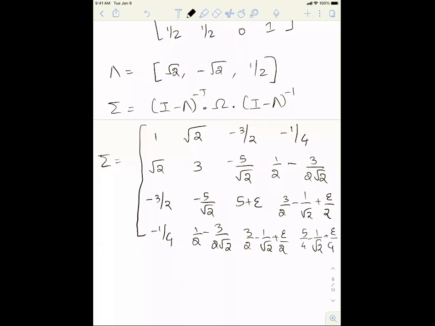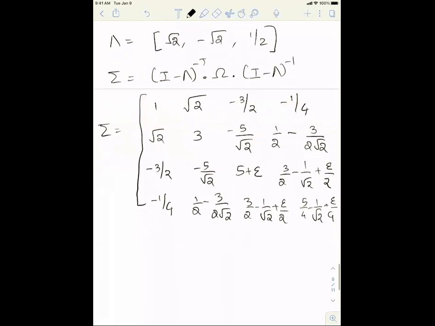So this is the sigma you get corresponding to this lambda and this omega.